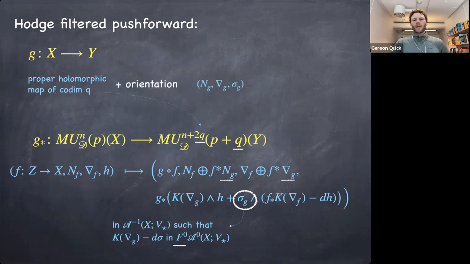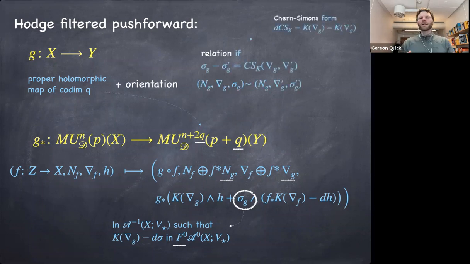And now, making one such choice is good, but what are the dependencies of making the choice of such an orientation? It turns out that we can define a relation: if you make another choice, then they differ by some Chern-Simons transgression form that also depends on the multiplicative sequence K that we chose earlier.